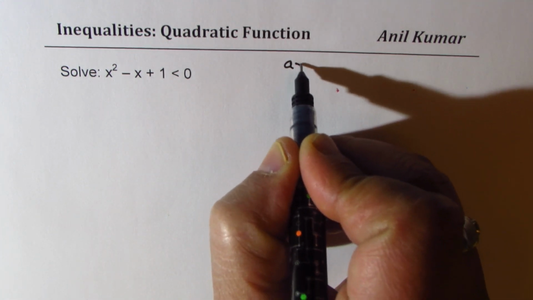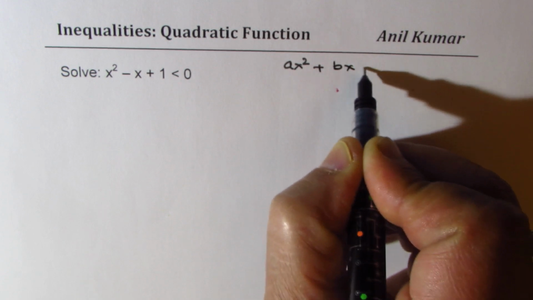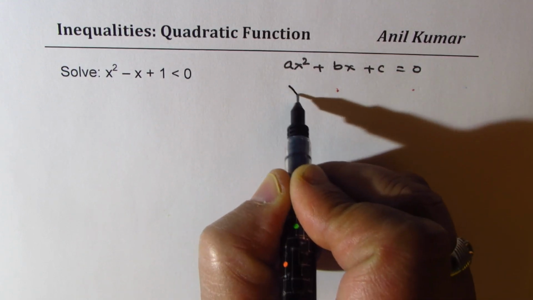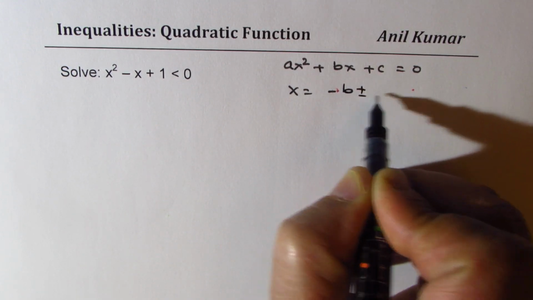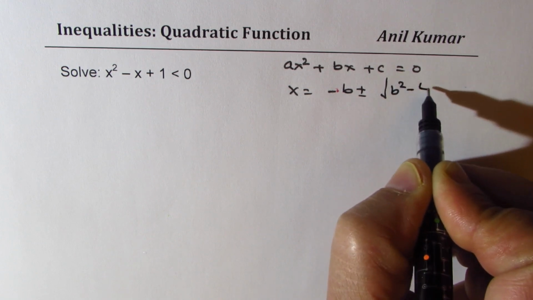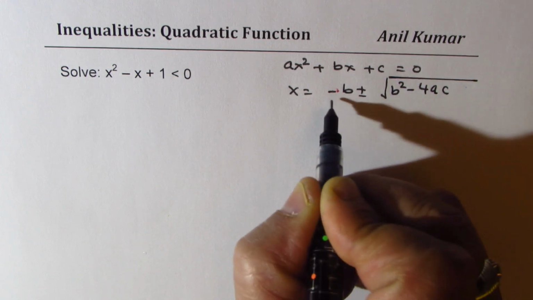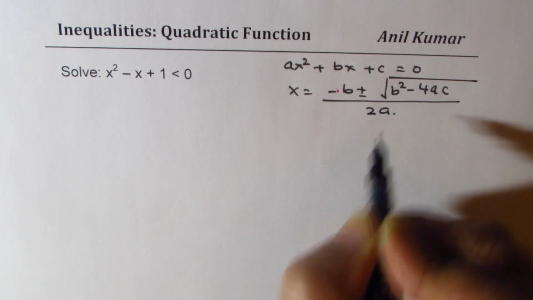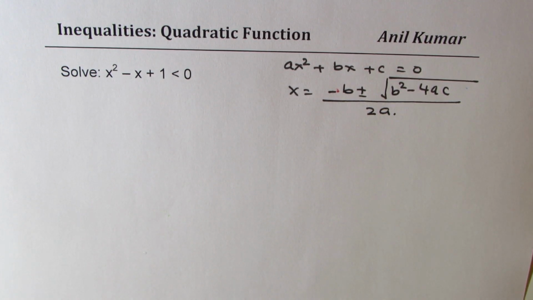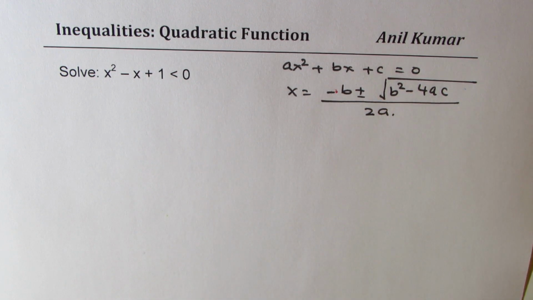So if the equation is ax squared plus bx plus c equals 0, in that case x is minus b plus minus square root of b squared minus 4ac divided by 2a, correct? So we are going to apply this particular formula to find x-intercepts, right?